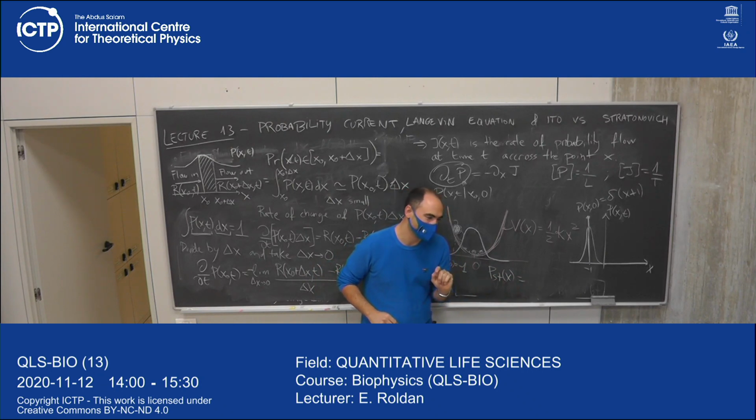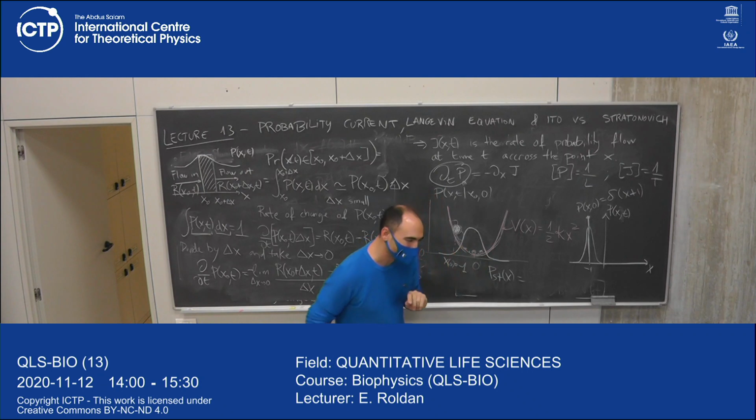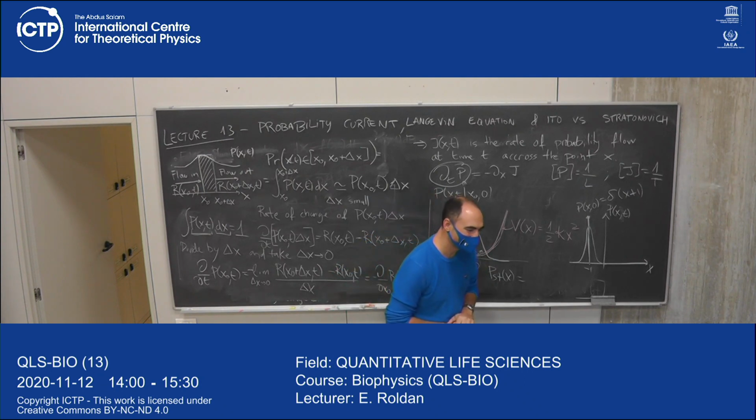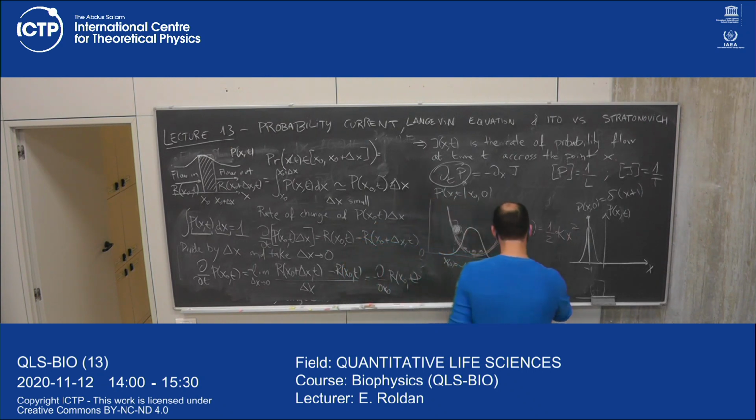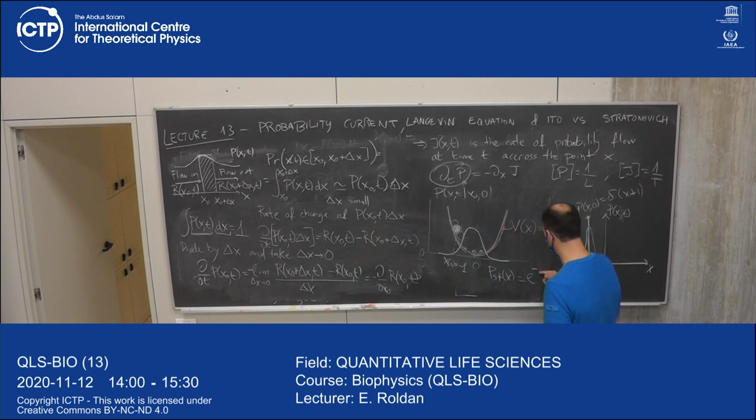Because it disperses. Sure, but it does not always go to a Gaussian. Look, I show you now. It will go to the Boltzmann distribution because this goes to equilibrium. So it will be e to the minus beta V divided by Z, where Z is a constant.